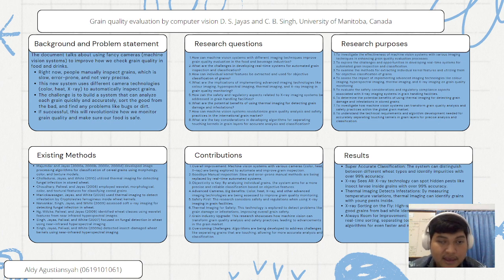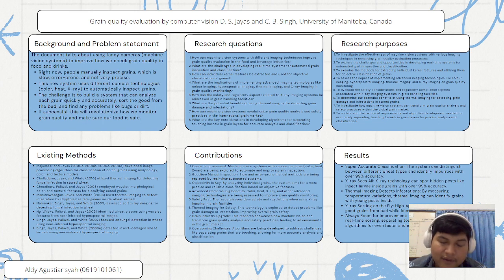Chelladurai, Jayas, and White utilized thermal imaging for detection of fungal infection in stored wheat. Karimi, Paliwal, and Jayas employed wavelet, morphological, color, and textural features for classifying cereal grain.